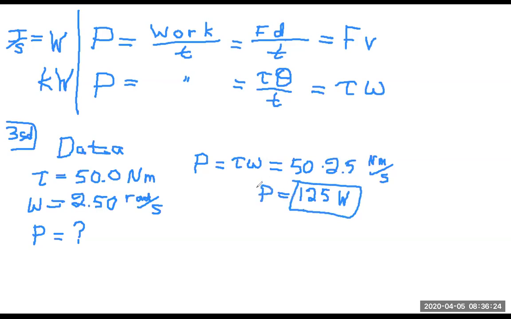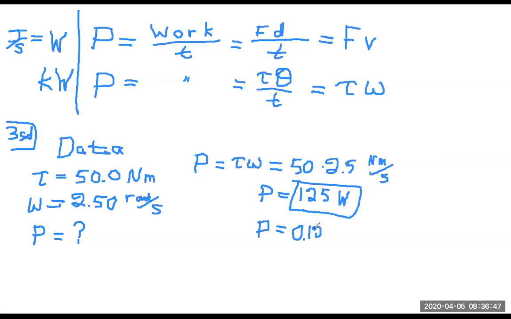But there's another thing on the question: how many kilowatts do we have? So to get the kilowatts, you need to multiply or divide by 1,000. In this case, if the watts are going to build up to be kilowatts, the number has to shrink. So I've got to move that decimal point 3 places, and I'm going to have 0.125.